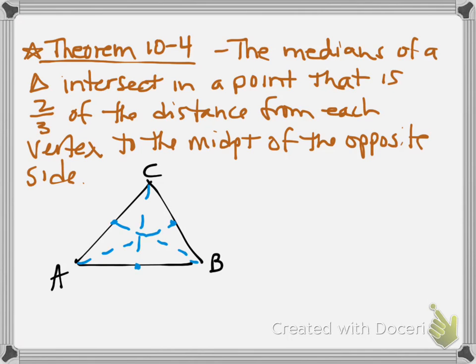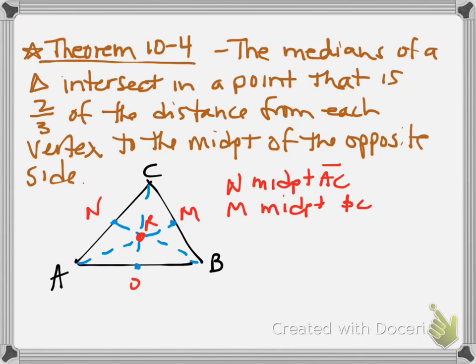So this point of intersection. What they're saying is that, and this is NMO, is that N is the midpoint of segment AC, M is the midpoint of segment BC, give me just 1 second, O is the midpoint of AB. If this is the case, then the length of AR is equal to 2/3 the length of AM.